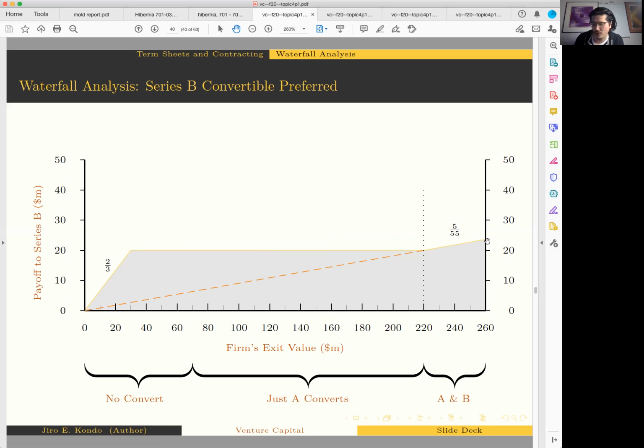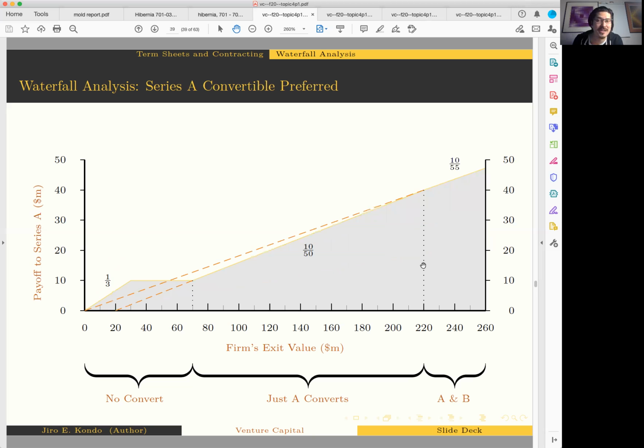So the one that was more nuanced was Series A here because they're the ones that convert first. And because they convert first, they get diluted when other parties convert later on. Folks okay with this? Again, let me just reemphasize. When I say first here, I don't mean first in calendar time.